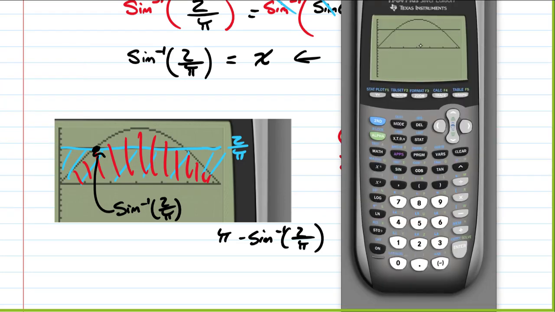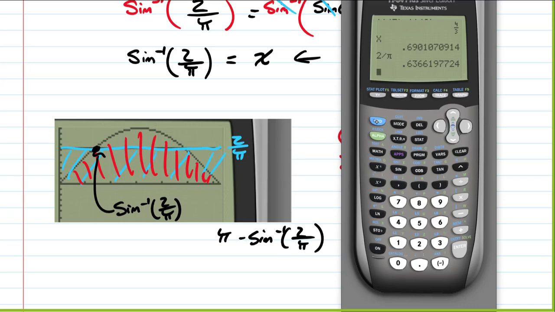So let's just verify that we actually got the correct answer. If we wanted to use our calculator to actually find that point, we would go second trace, choose calculate, choose intersect. So first curve, second curve, and then guess. Let's get close. We hit enter. So it gives us our number 0.69. And if we go 2 divided by pi, oh, sorry, not 2.